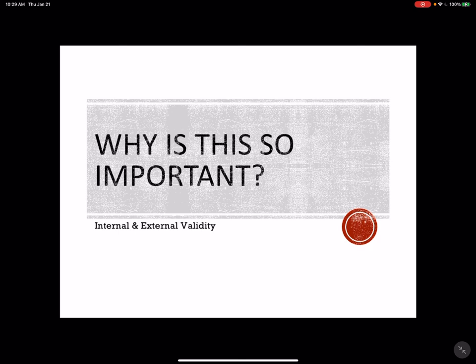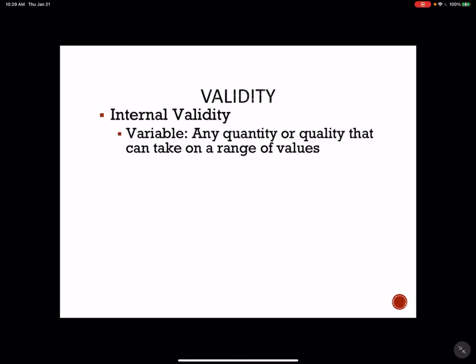And this is one of them. The word validity is used in several different ways, but in our discussion now, we're referring to internal and external validity. So just remember that internal and external validity have specific and special meanings to research methodologists.